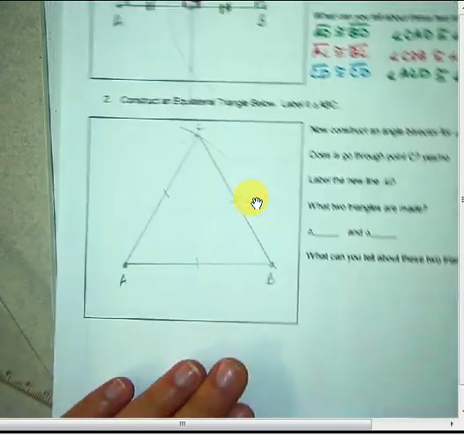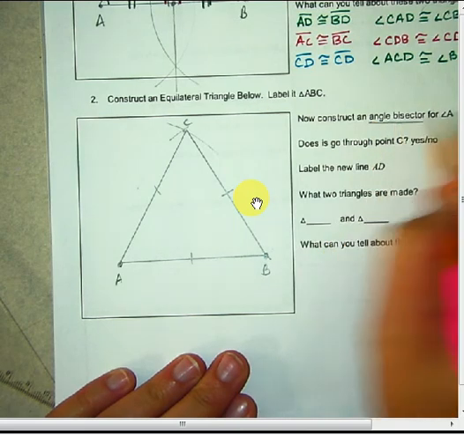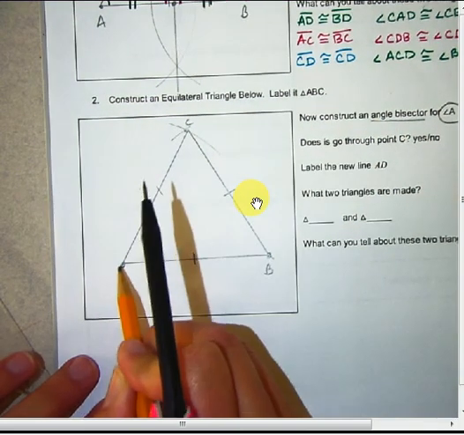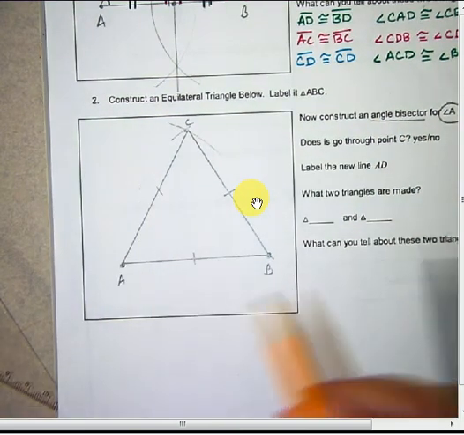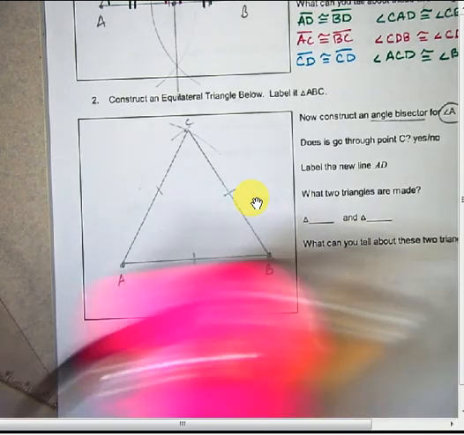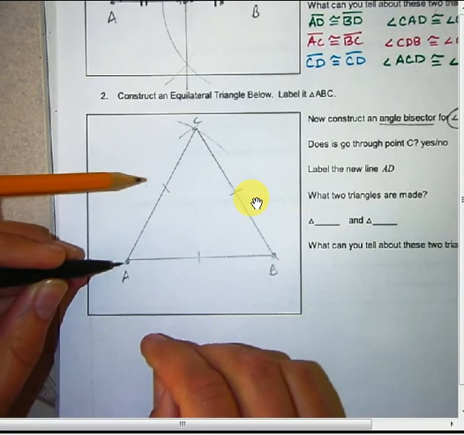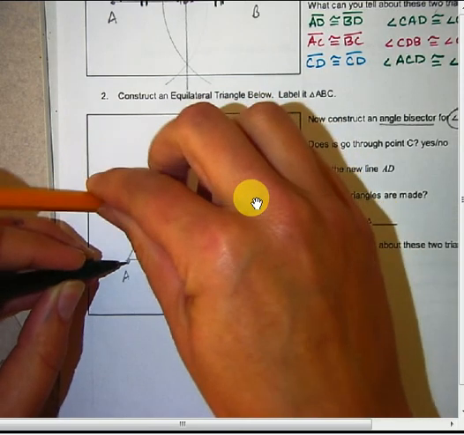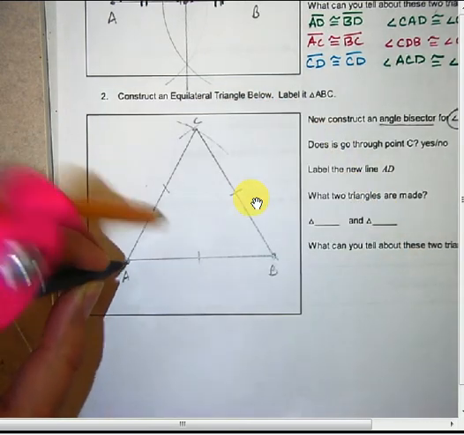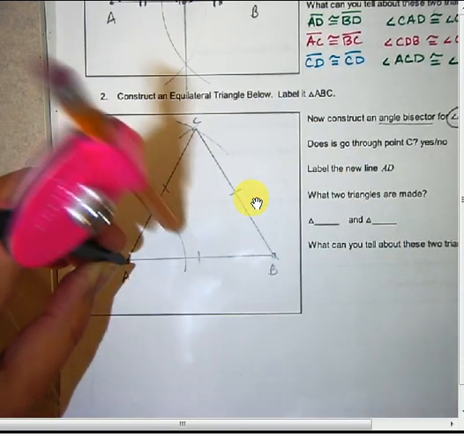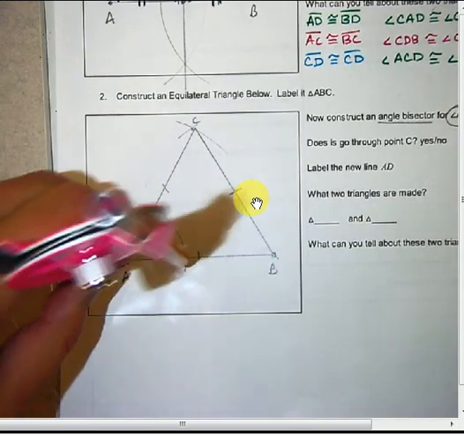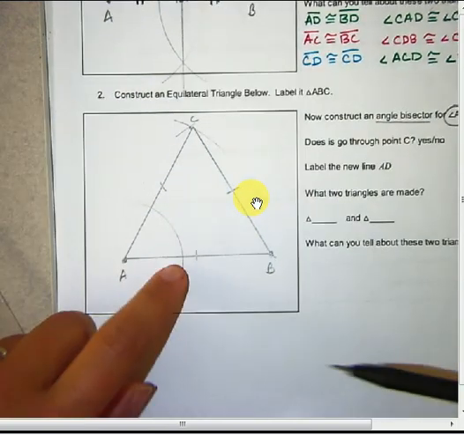ABC. This time they ask us to do the angle bisector of angle A. So that's this angle right here. All right, so angle bisector. First, I need to take that and draw an arc through the two rays that make up the angle, in this case line segments. So I draw that. It gives me two reference points.